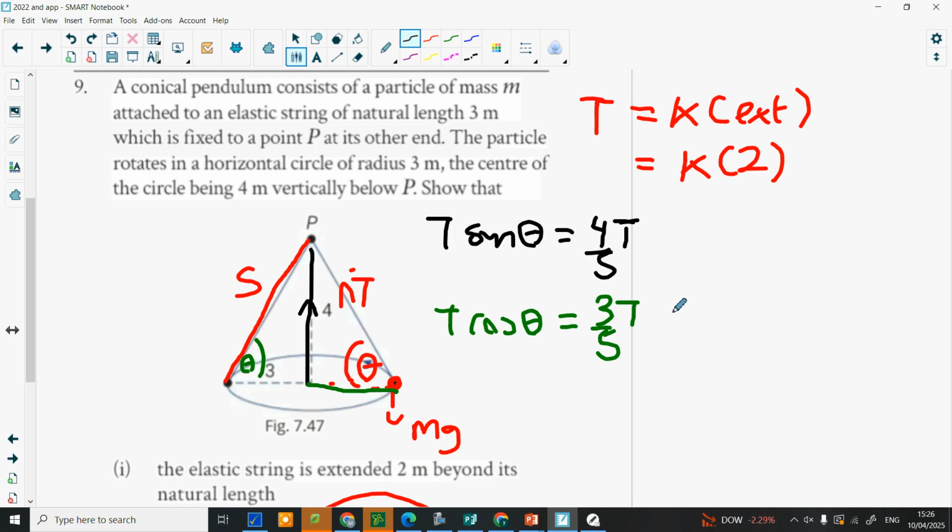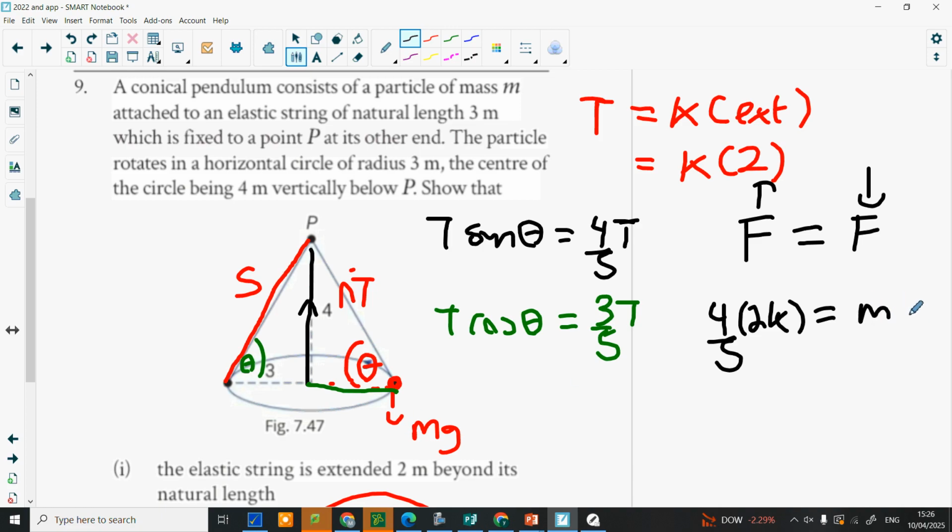Let's do forces up equals forces down, because it is motion in a horizontal circle. So what do we think? 4 over 5 times T, which is actually 4 over 5 times 2k, equals mg.